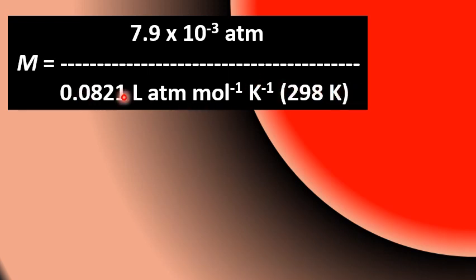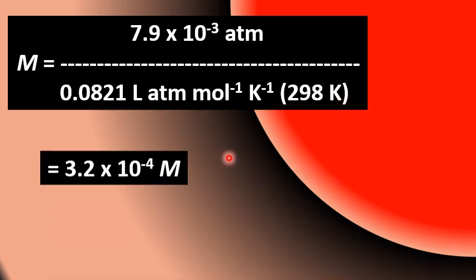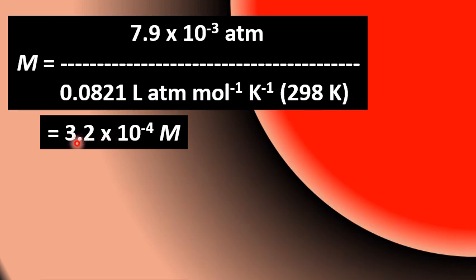So it's understood that the value of i is equal to 1. All right? The value of the big R, or the universal gas constant, is 0.0821 in 3 significant figures. That's in liter atmosphere per mole Kelvin. And that's to be multiplied by the Kelvin temperature, 298 Kelvin. So doing our math, we will get the molarity equal to 3.2 times 10 to the negative 4 molars, or moles per liter.